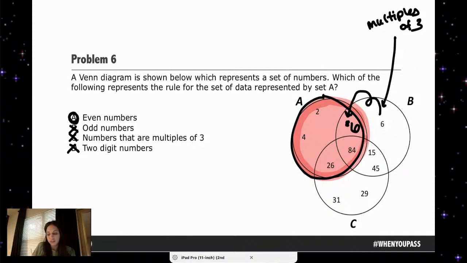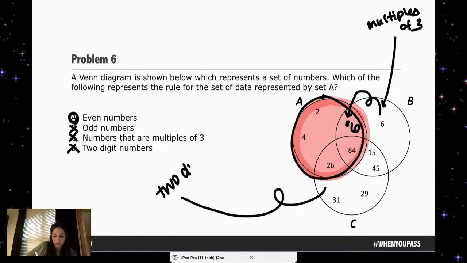And what is the rule for C? 2-digit numbers. So 84 is a 2-digit number, a multiple of 3, and an even number, which is why it falls under all 3 of those circles, right? 31 is not an even number.